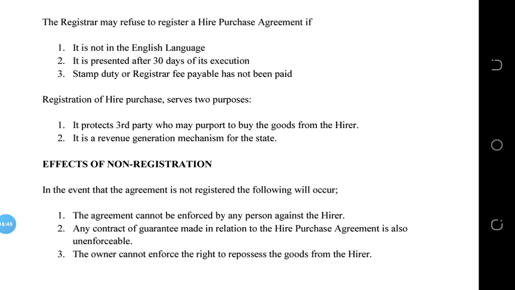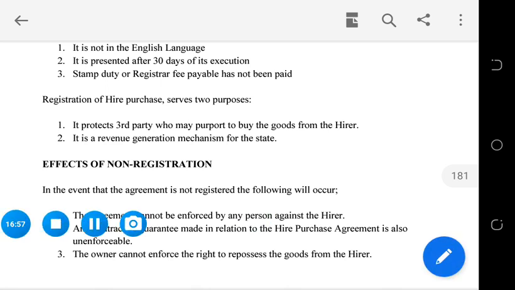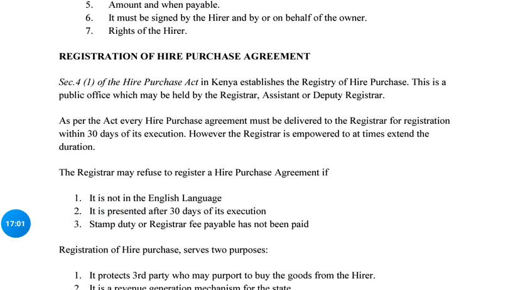If it is not in English language, so if it is written in any other language other than English, the registrar will refuse its registration. The commissioner may reject or refuse registration.